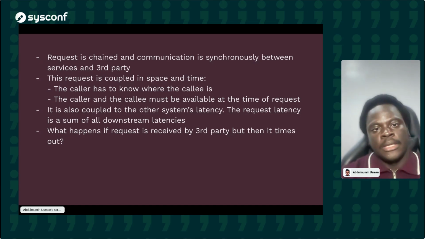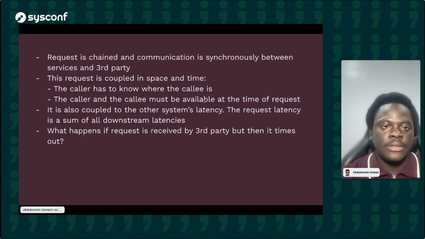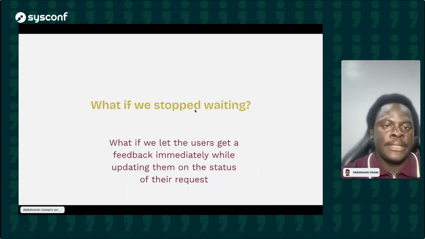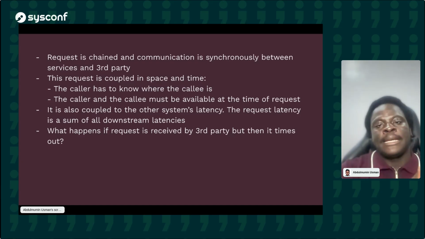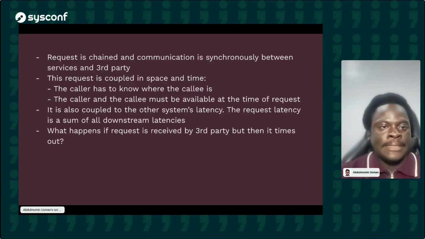It's also coupled along latency, because imagine the third party takes 30 seconds and you have a timeout of 20 seconds. You don't want the user to wait forever. You are essentially coupling latency as well, because the entire life cycle latency is a sum of all downstream latencies.